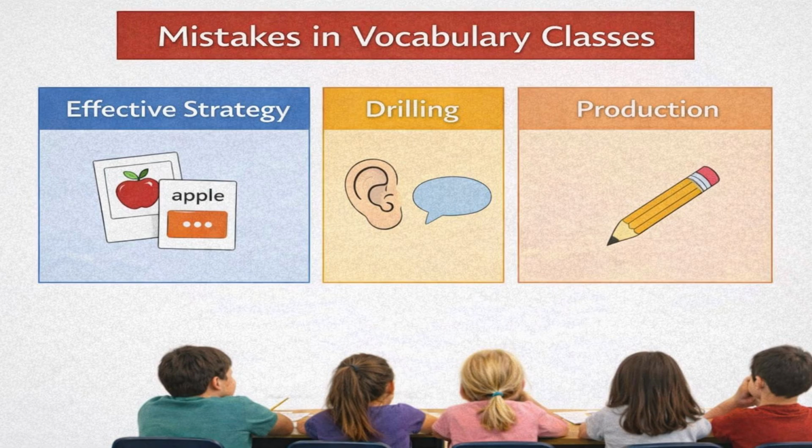There are some common mistakes in teaching vocabulary, which affect students' understanding and use of new words. In this section, we will focus on three main areas: effective strategy, drilling, and the production stage. Each one plays an important role in helping students learn and use vocabulary correctly. Let's look at them one by one.